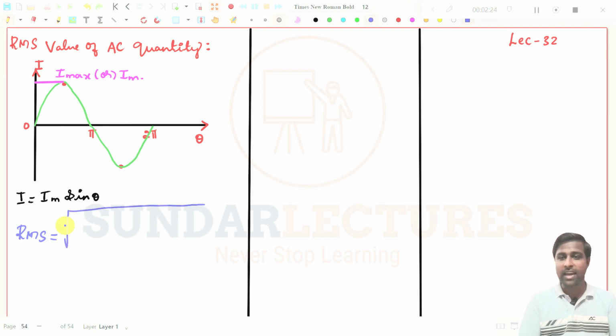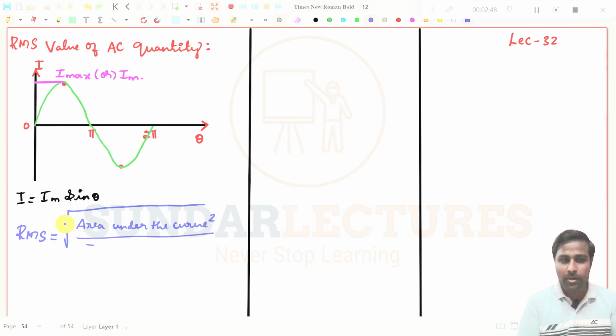What is the average of a waveform? If it is the average of a waveform, then we need to take the area under the curve. So here, the area under the curve has to be squared and divided by the total length.